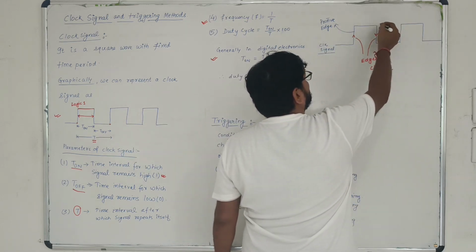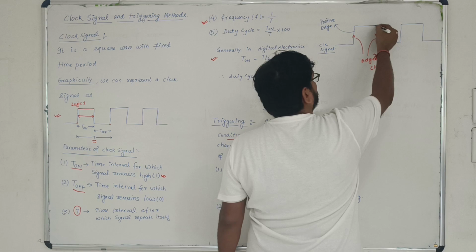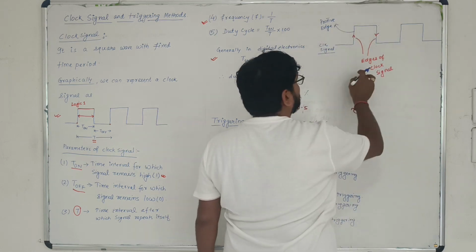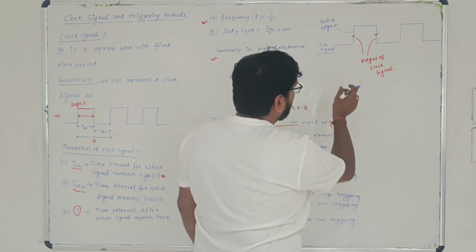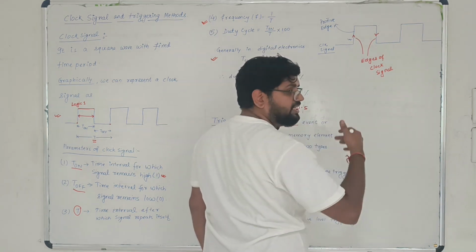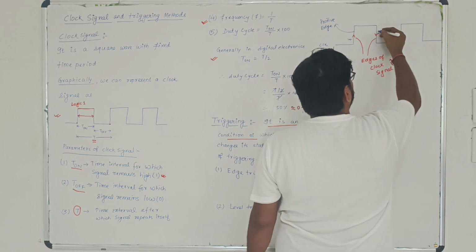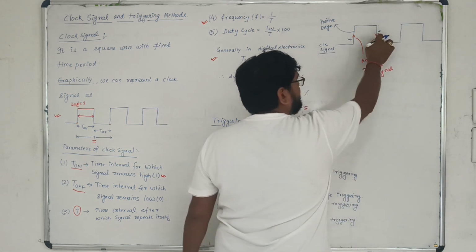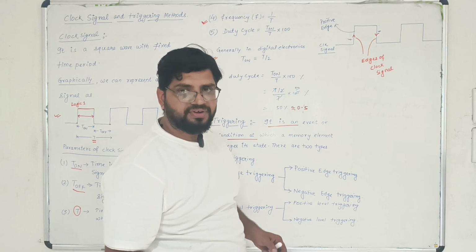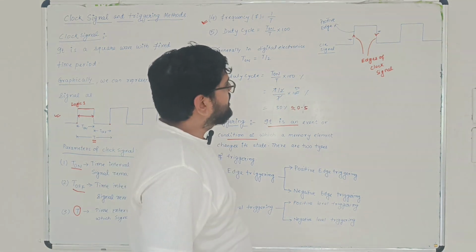Similarly, when the value of the clock signal goes from logic 1 to logic 0, that is called the negative edge. Any device which operates at the positive edge is known as positive edge triggered. Any device which operates at the negative edge of the clock signal is called a negative edge triggered device. Okay, now coming to the level.